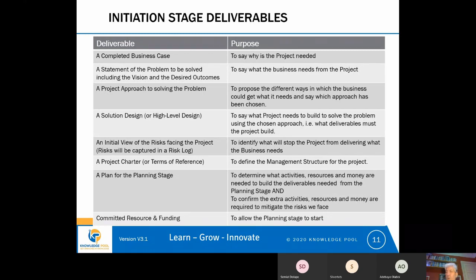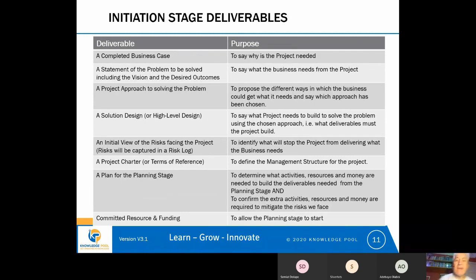But we also need to think about what our approach is to solving the problem. We talked about how it was necessary during the initiation stage to decide on our approach, because the approach that we take will determine the sorts of tasks that we need in the project plan in order to deliver the project. If we take one sort of approach, we'll need one set of tasks. If we take a different approach, we'll need a different set of tasks.